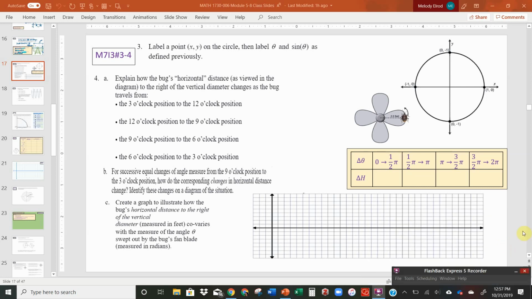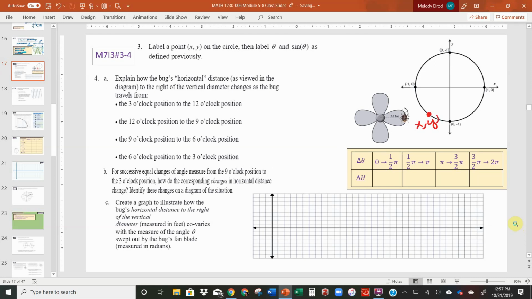So suppose that we choose this point right here. This is the point XY on the circle. And it's asking us to consider the angle theta and the sine of theta as we have defined it previously. So if we swing an angle out all the way to XY, then this right here is theta, right?